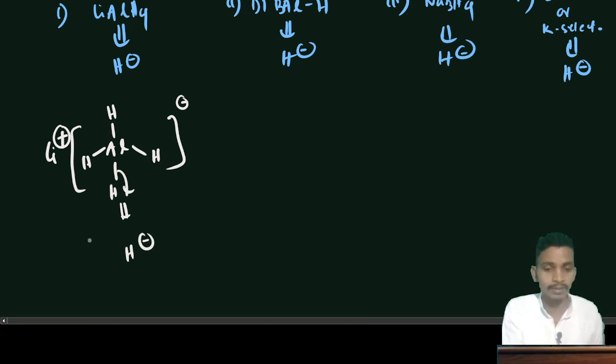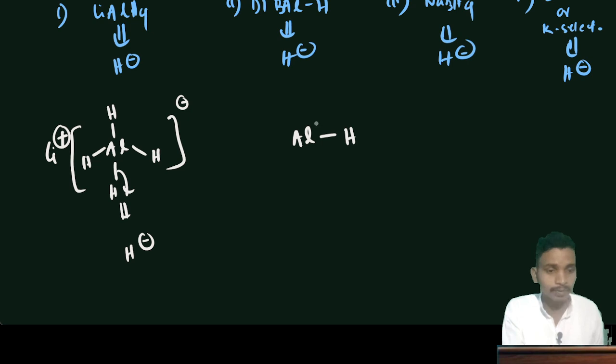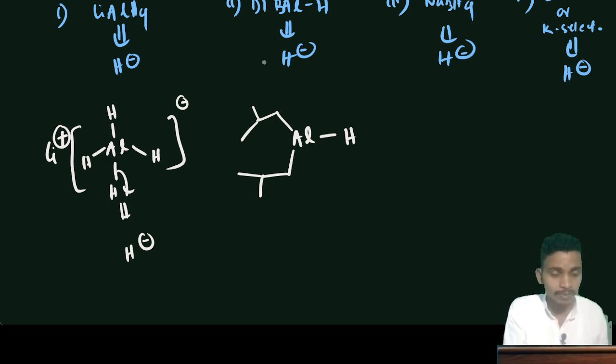Similarly, DIBAL-H, what will that be? Here also similar Al-H bonds will be there, and 2 isobutyl groups will be there. This is the structure of this DIBAL-H.